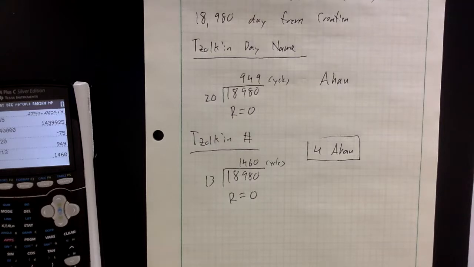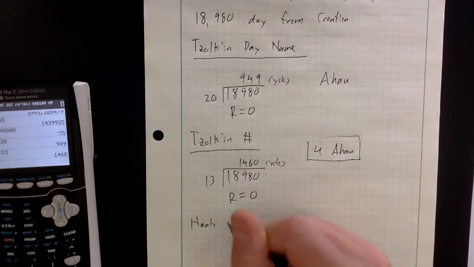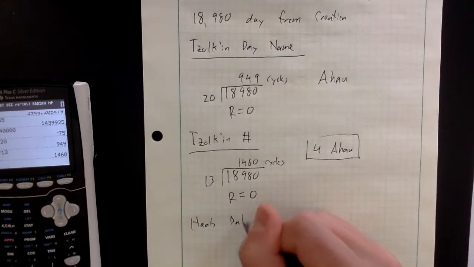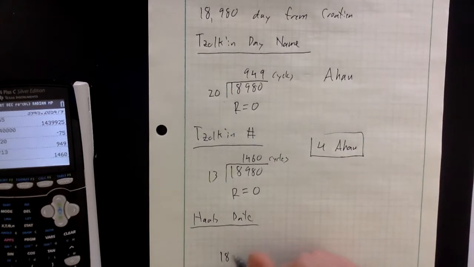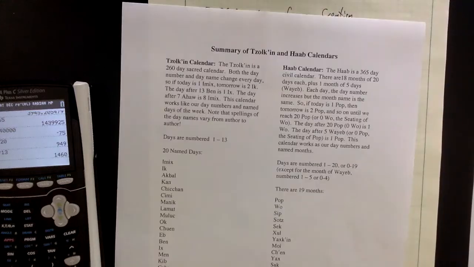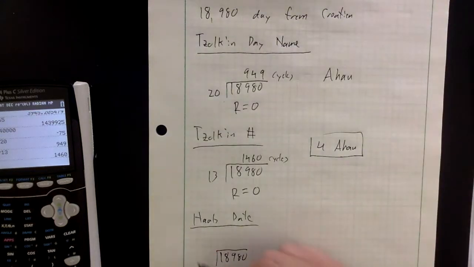Okay, so now let's look at the Haab date. We start with just one division for the Haab calendar. We're going to divide 18,980 by 365, since there are 365 days in the Haab calendar.